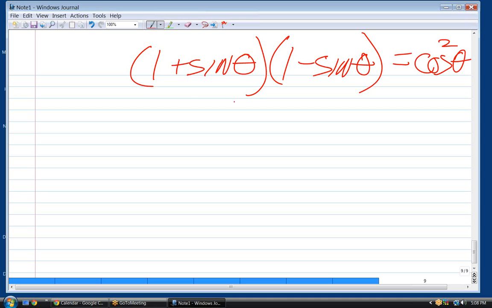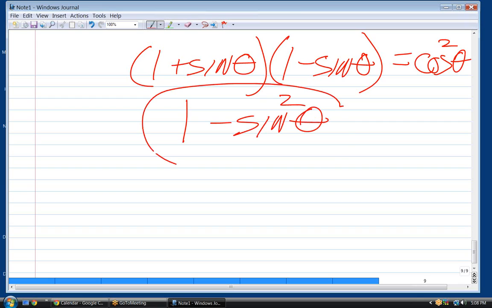Notice we're looking at the difference of squares factored. So would it just be 1 minus sine squared of theta? Good. Don't waste time refoiling that. Once you see the difference of squares factored, you can put it back together pretty easily. You should be able to go the other direction also.